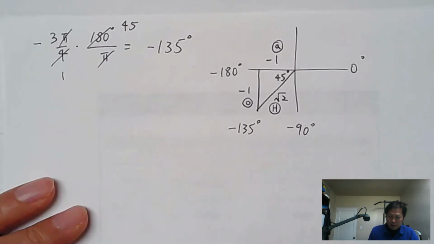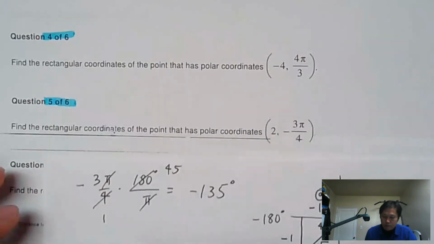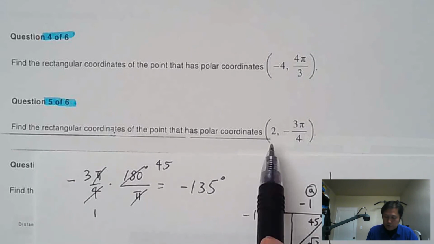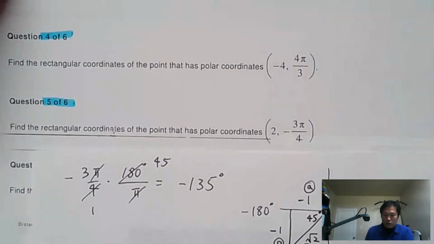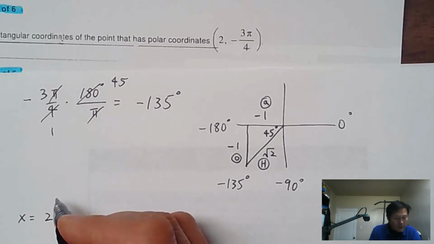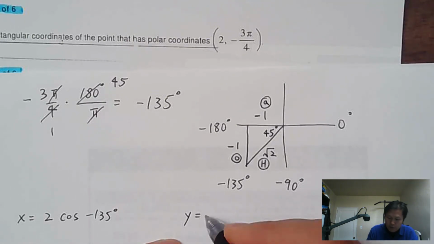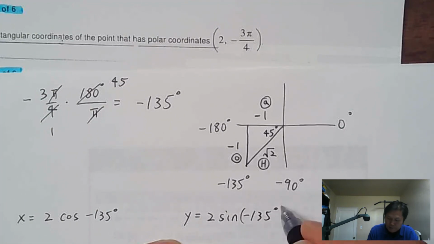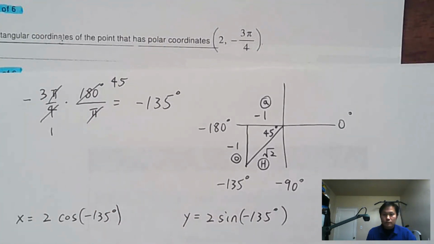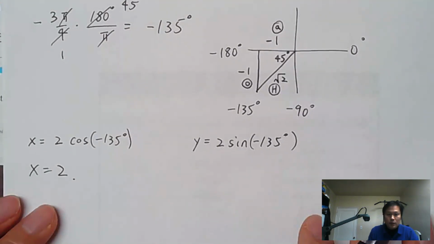Then apply the same thing. X equal to, the r value was 2, so it will be 2 cosine minus 135 degree. Y value will be 2 sine minus 135 degree. So x equal to 2 times cosine.